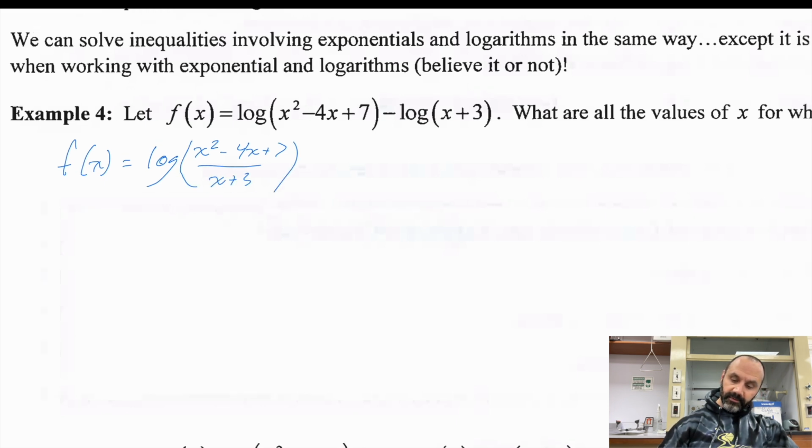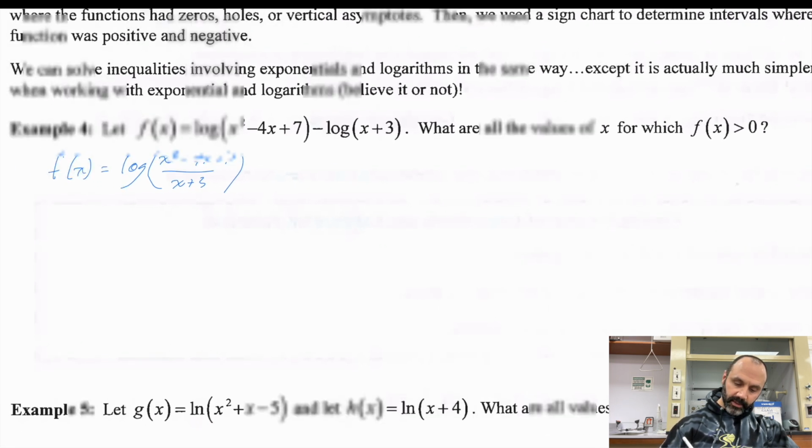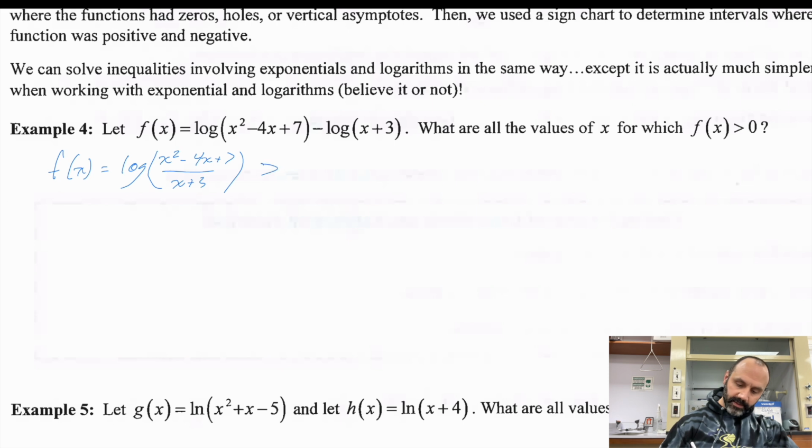Okay, so now I want to find what are the values of x for which f of x is greater than 0. So I'm looking to see when is this greater than 0. In order for the whole function to be bigger than 0, again, keep in mind this is the exponent. So I've got 10 to some number that's going to give me something in here. Well, 10 to the 0 is going to give me 1.